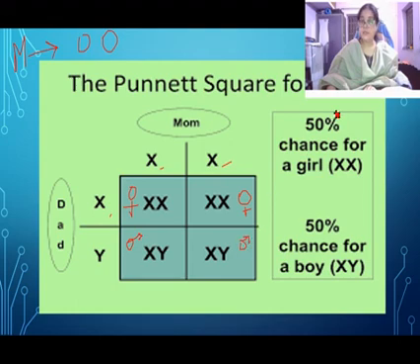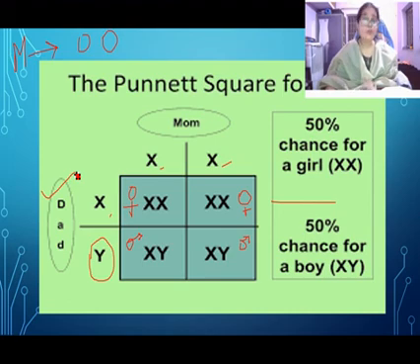So there is a 50% chance for a girl and a 50% chance for a boy. And who is responsible for the maleness? That is the Y chromosome. And the Y chromosome is given by whom? That is dad. So who is responsible? No one is responsible. It is the law of segregation and the law of independent assortment which results in the gender of the offspring.